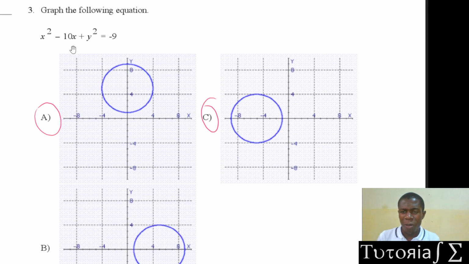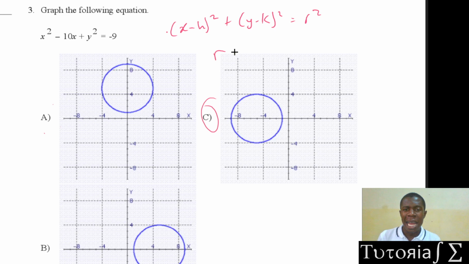So you complete the square for this one, just like we were doing. Try to put it in the form x minus h squared plus y minus k squared is equal to r squared. Then you find the radius and the center. So the center will most likely tell you which one among these is the answer.